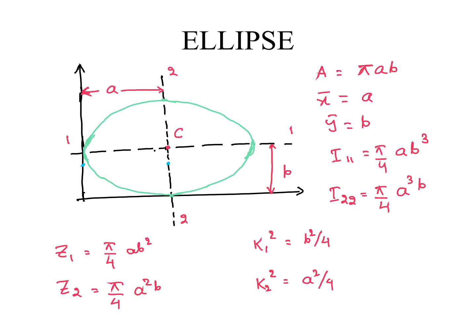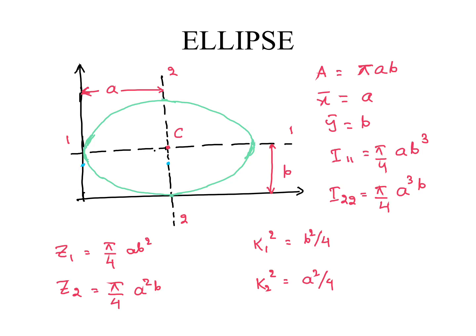Then section modulus Z1 equal to pi by 4 a b square, Z2 section modulus 2 pi by 4 a square b. Then radius of gyration square k1 square is equal to b square by 4 and k2 square equal to a square by 4.